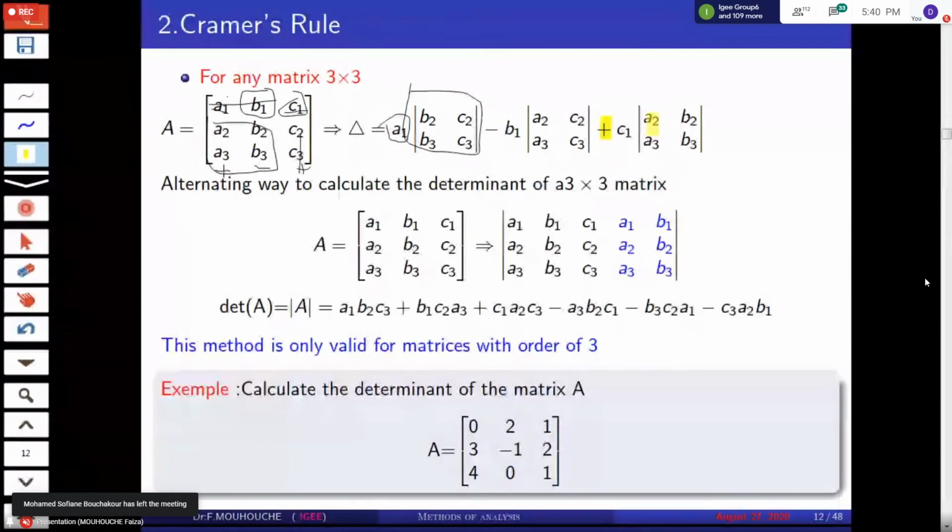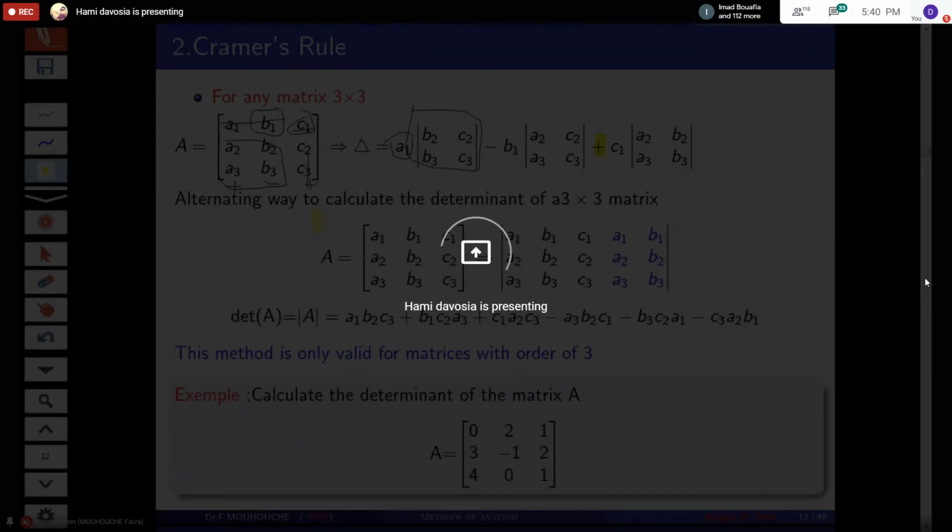There is another method, called the alternating way, to calculate the determinant of a 3 by 3 matrix. Here we have the matrix of 3 columns and 3 rows.